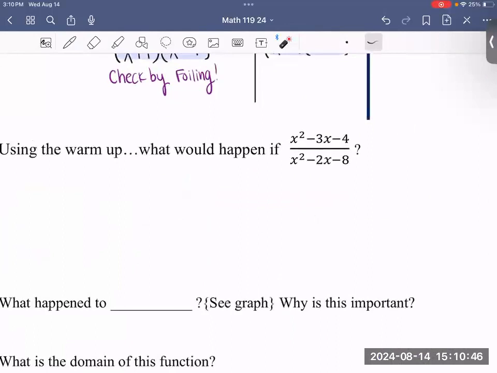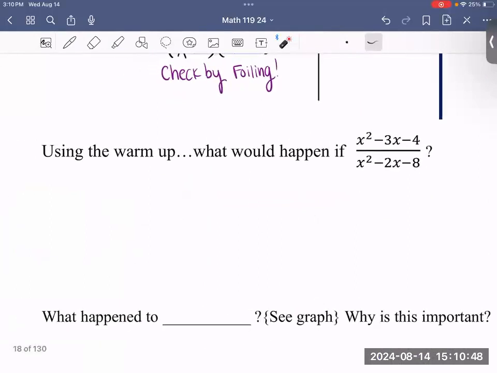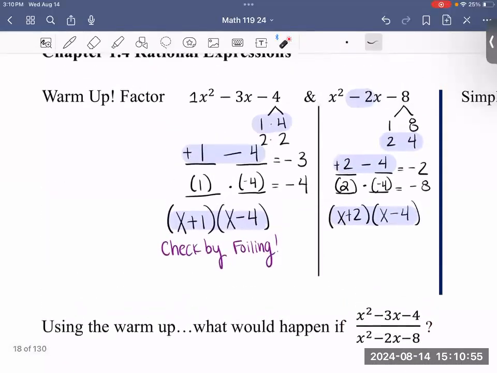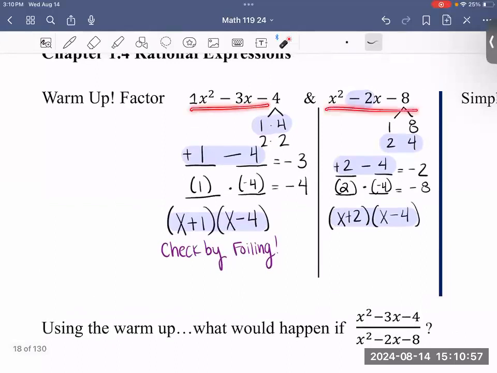So now let's use the warm-up and see what would happen if we had something like this being a rational expression. Well, we actually already solved these polynomials in their factored form.